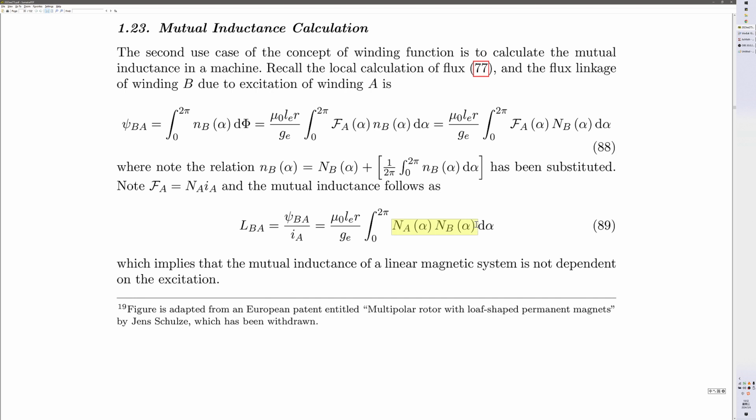So changing the order of NA and NB does not really change the result of this integral. That's why we know that the mutual inductance LBA is actually equal to mutual inductance LAB.